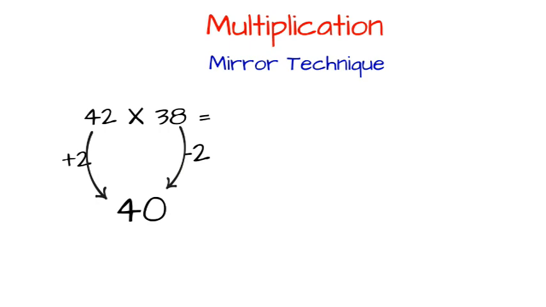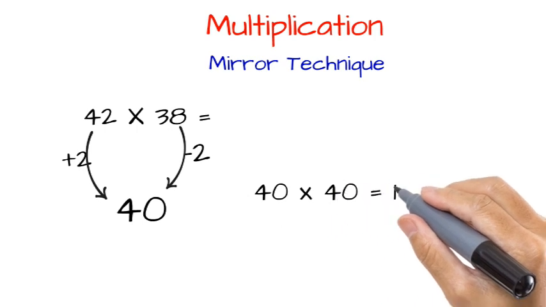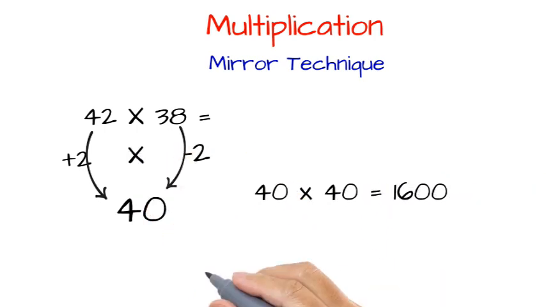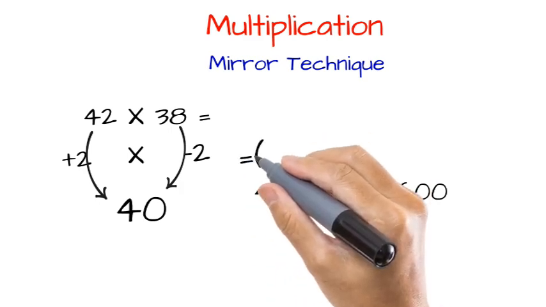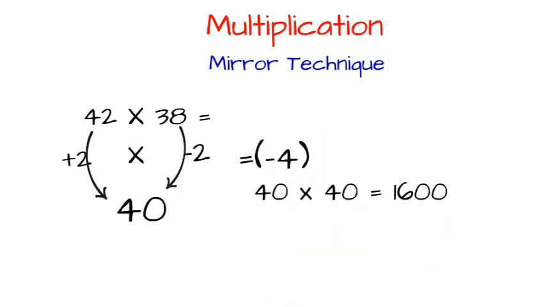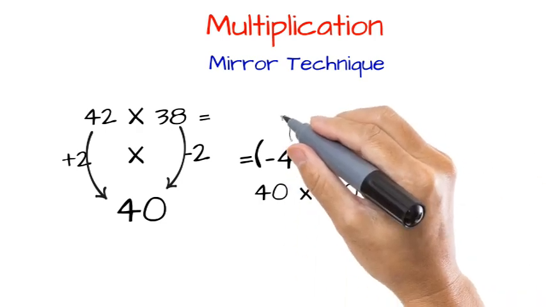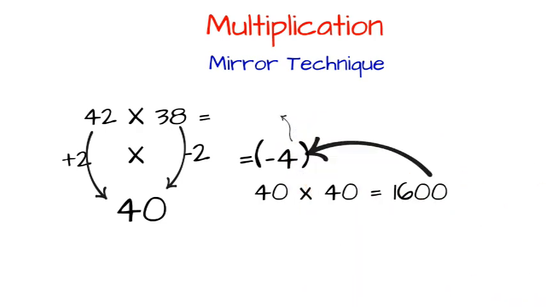And then we square the mirror, 40 squared is equal to 1600, and then we multiply both the differences to get minus 4. So then we add: 1600 minus 4 is equal to 1596.